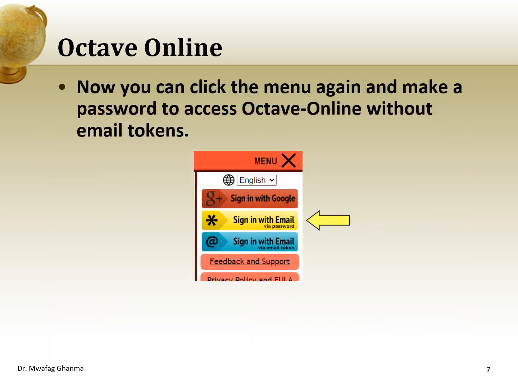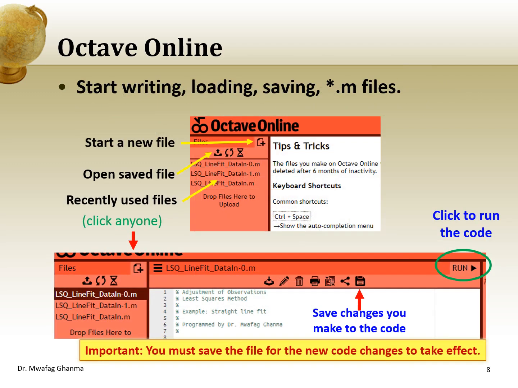Once you have registered, you can go ahead and create a password for your Octave registration, and you can access Octave Online using your email and password instead of going through the token and going to your email. Now, look what we have.